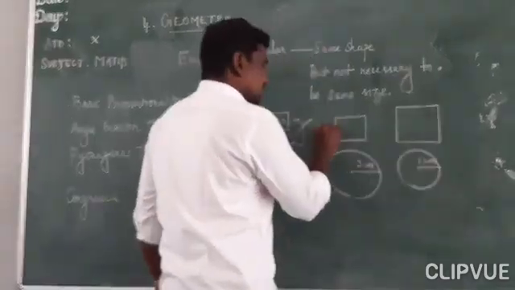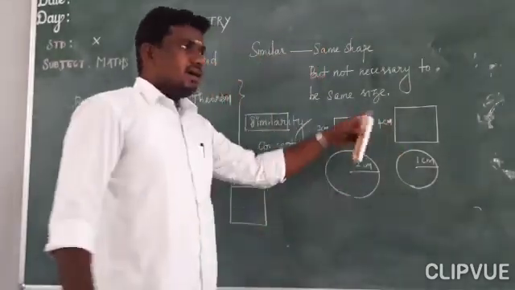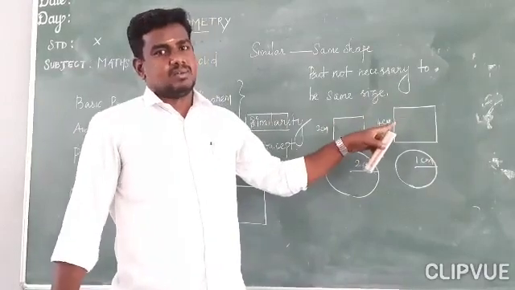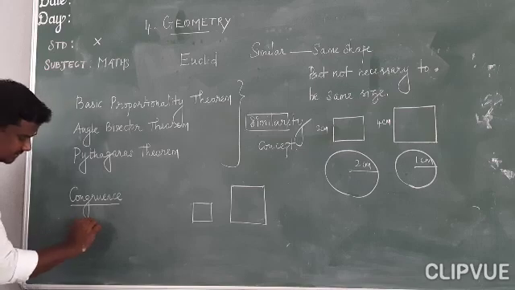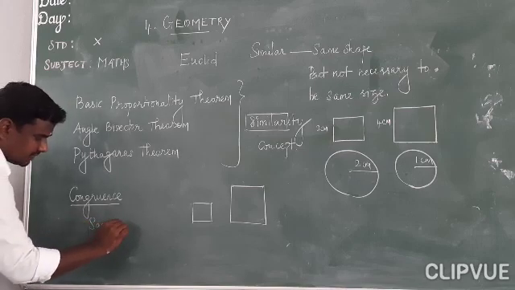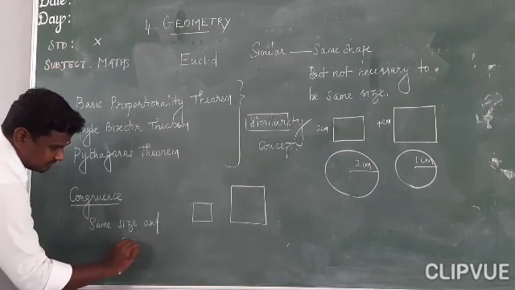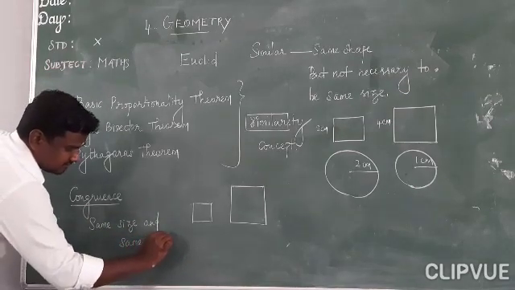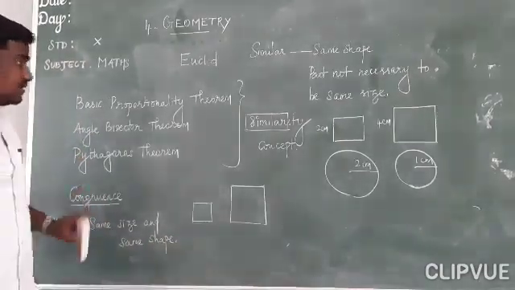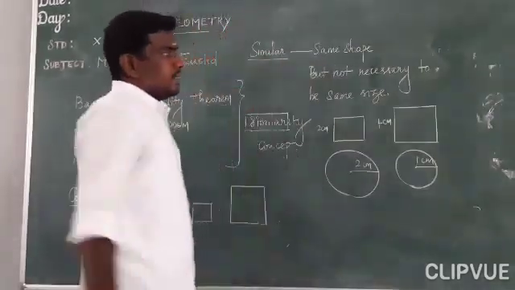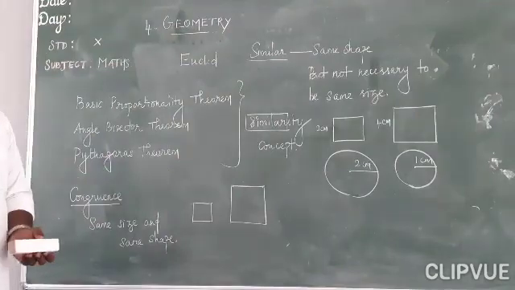The size of one square is 2 centimeter, the other is 4 centimeter. They are similar, but they are not congruent, because the congruence definition is same size and same shape. I hope you understand the difference between congruence and similarity. If you know these two, we can move to the next one.